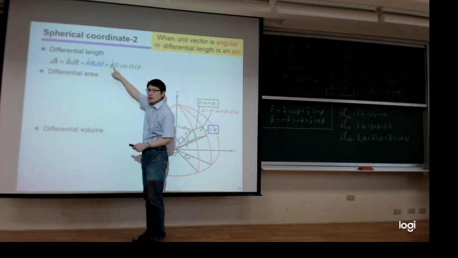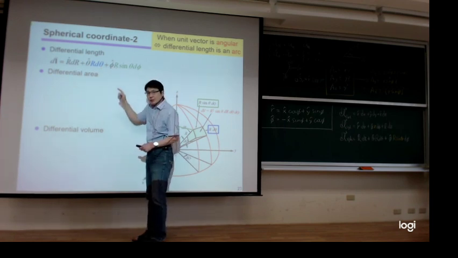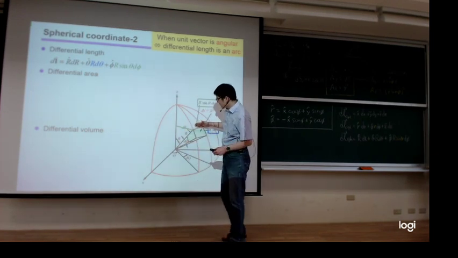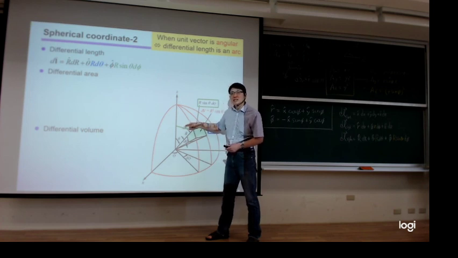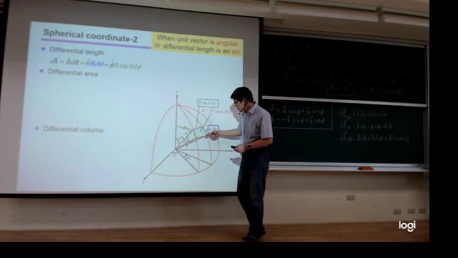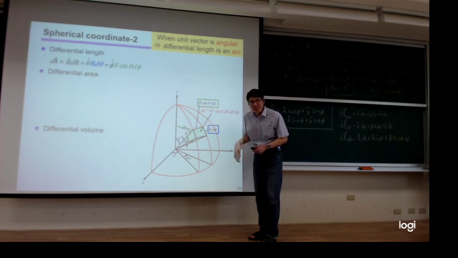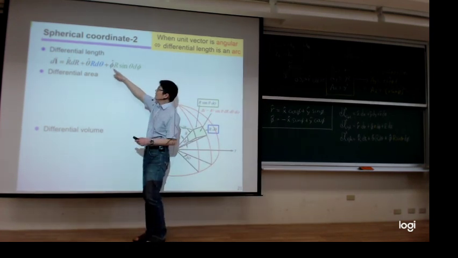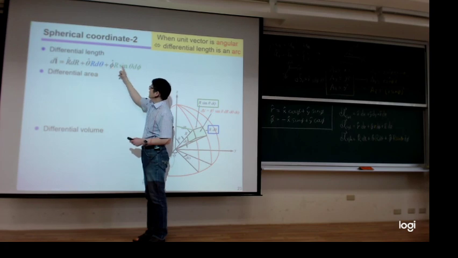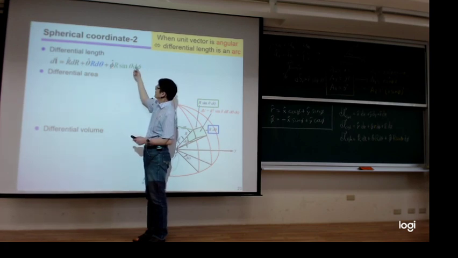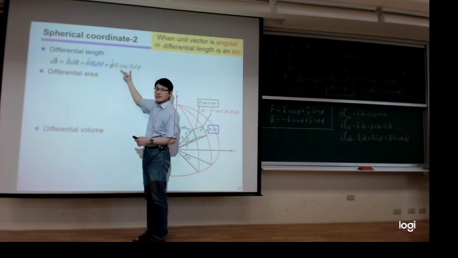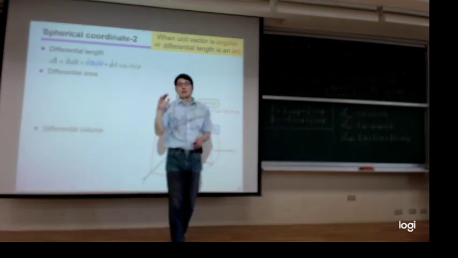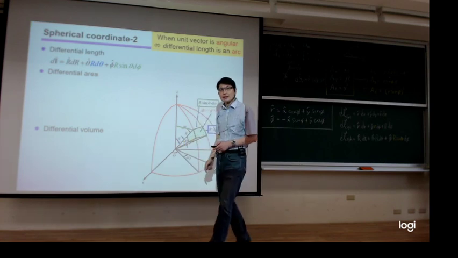But in the phi direction, only the effective length projected onto the xy plane, r sine theta, is used to span this arc length. So in the phi unit vector, even though you have a differential azimuthal angle change, you're multiplying with r sine theta. This is the smaller non-capitalized r in cylindrical coordinates. Okay?